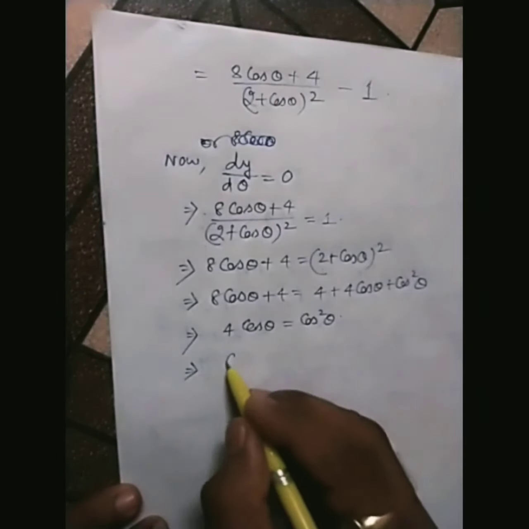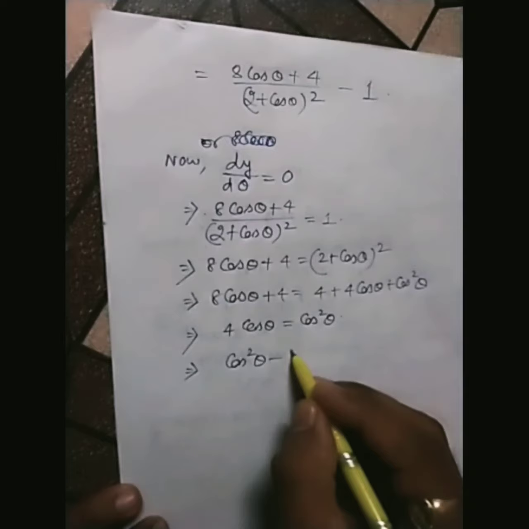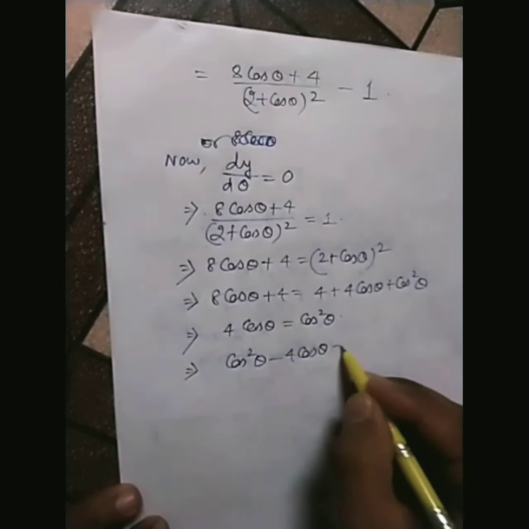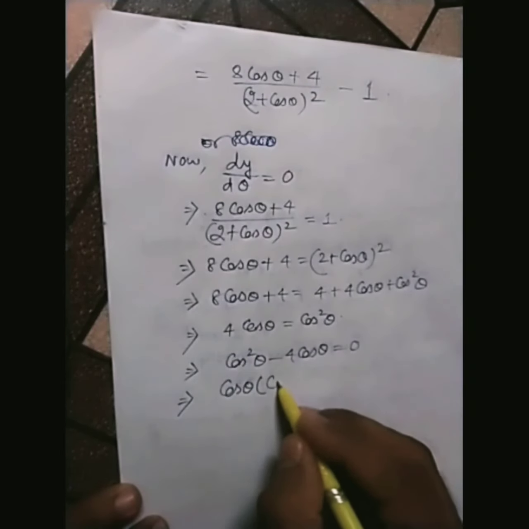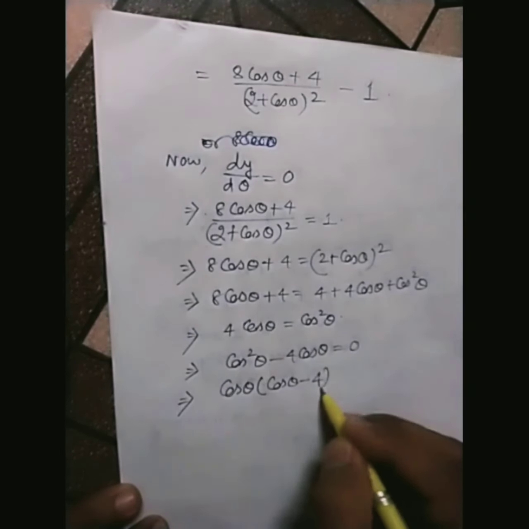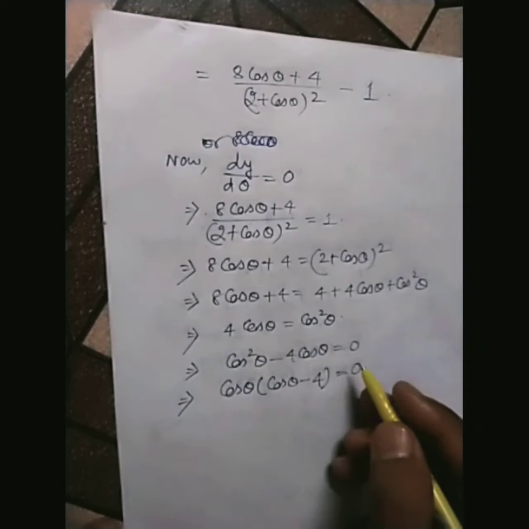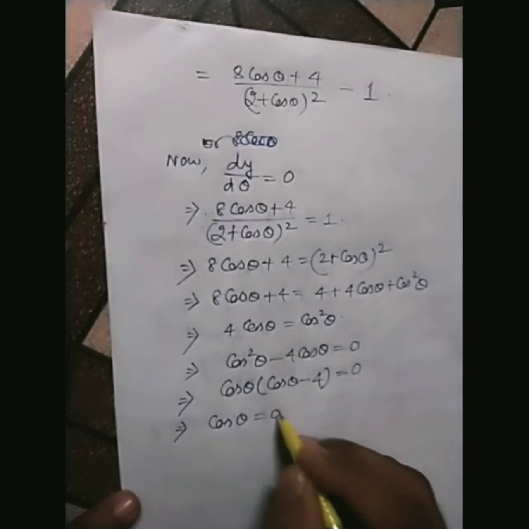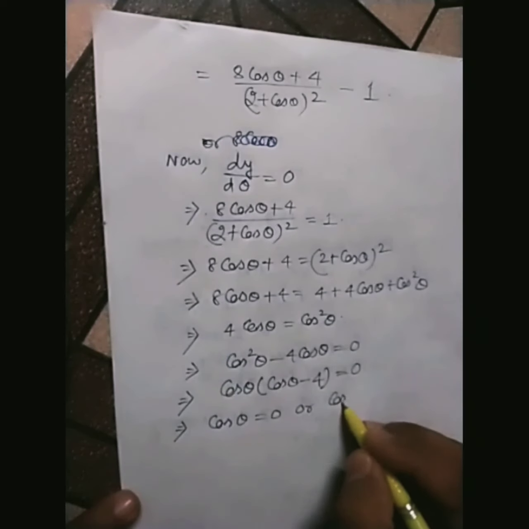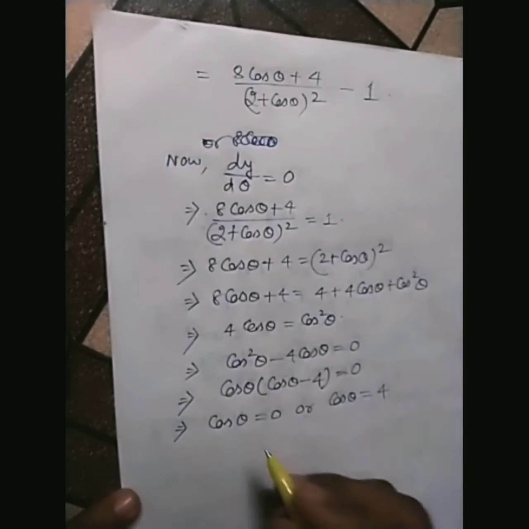So cos square theta minus 4 cos theta is equal to 0, so cos theta (cos theta minus 4) is equal to 0, which implies cos theta equals 0 or cos theta is equal to 4.